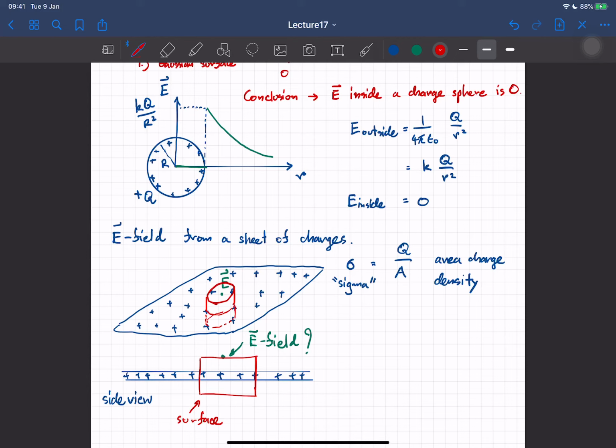It's kind of like a cylinder that goes through the sheet. I'm not good at 3D drawing, but this is what I'm trying to draw. The surface is a cylindrical surface. In other words, what I'm trying to draw is this cylinder where it goes through the sheet like this.